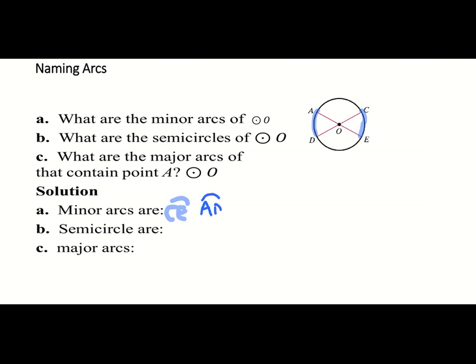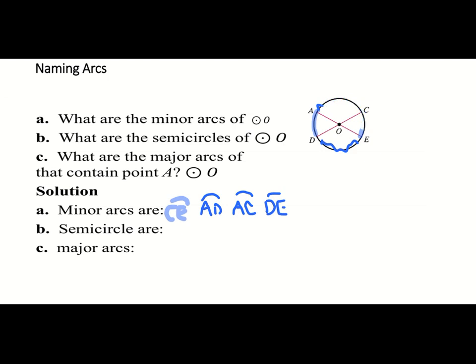You put a little arc symbol above it. So we have AD, we have CE, and then AC right here, this arc right here, that's less than 180 degrees. So we could say arc AC, and then also we could do DE. So we have 4 minor arcs.